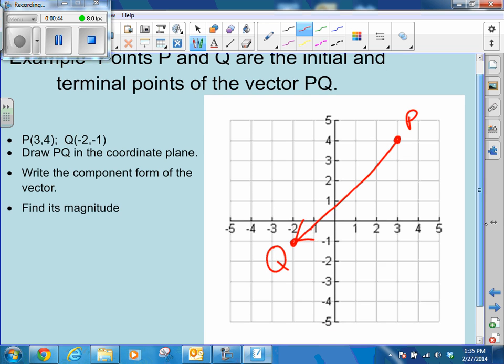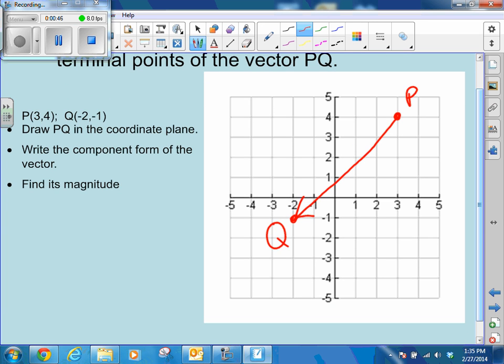Then we talked about writing vectors in two forms, coordinate notation and component form. I only want component form. How many components do you have in a vector? You only have two, the x value and the y value. So we have an x value of what?